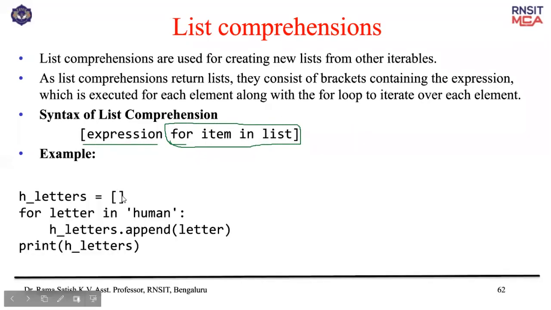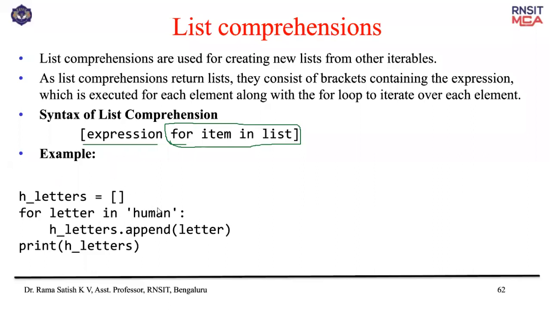Example. You can see h_letters is an empty list. For h in human, you are extracting each letter, H, U, M, A, N, and adding it to the list.